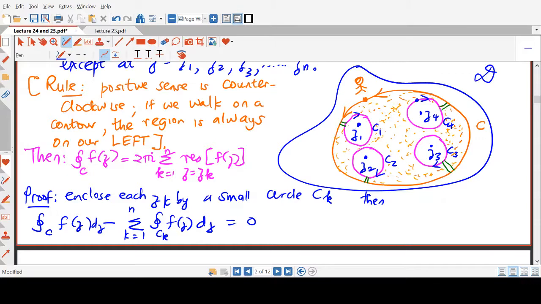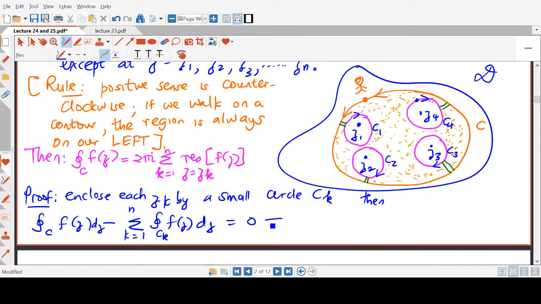The only reason there's a minus here is because of the opposite directions. This guy goes counterclockwise, these guys are going clockwise. So the minus direction.